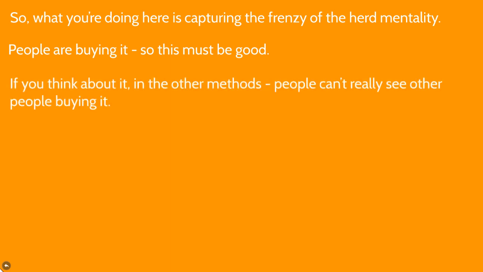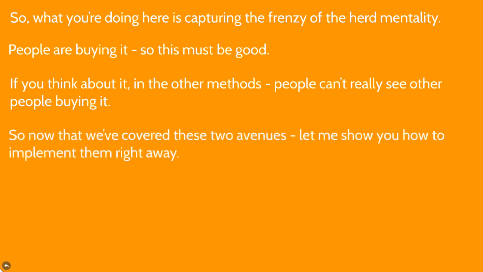And if you think about it, in other methods, people really can't see other people are buying it, right? In other methods like the coupons, people don't know if other people are buying it. But with dime sales, you explicitly tell people, hey, this is going to increase for every amount of buyers, right? So you're tapping into that herd mentality, which you can't do with the other methods. And that's why it makes it so powerful.